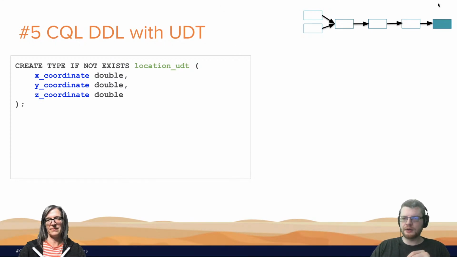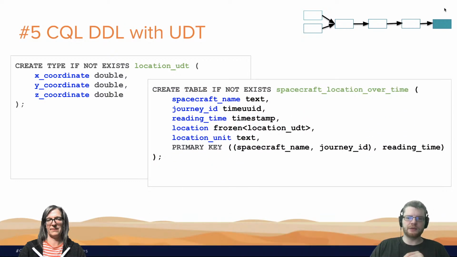Okay. I'm going to go ahead here and go to the next. There it goes. So when I actually want to use this UDT, you'll notice under location, I've got frozen and then location UDT type. Since I've already created that UDT type in my database, it understands that that is what I'm using.